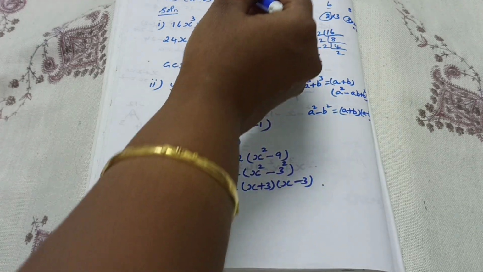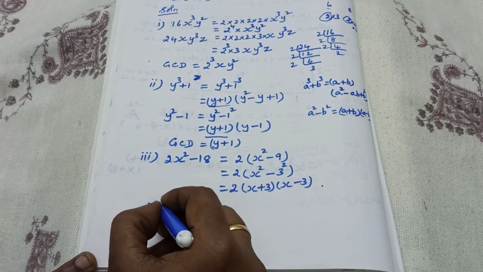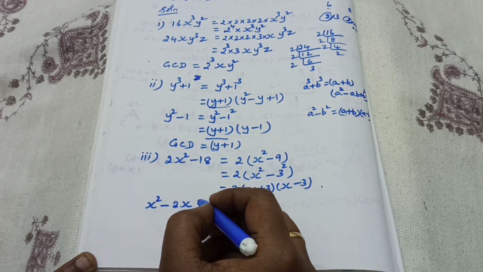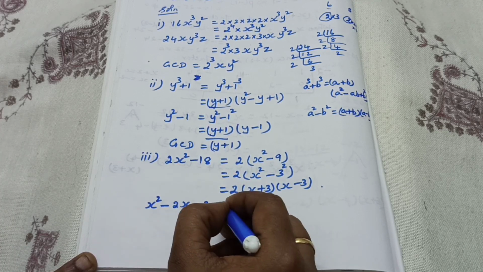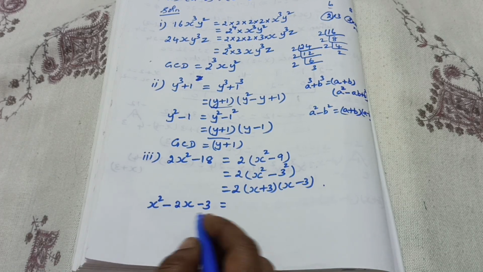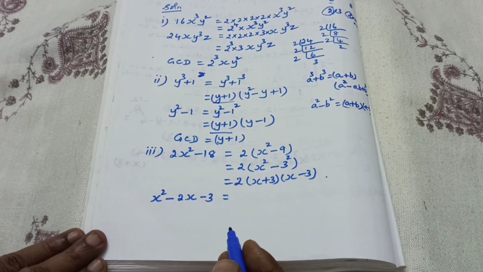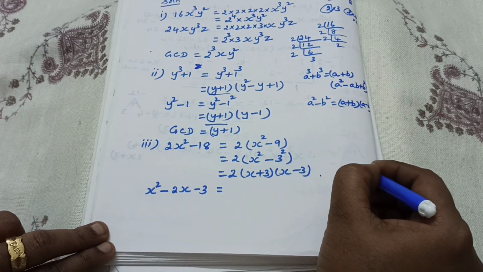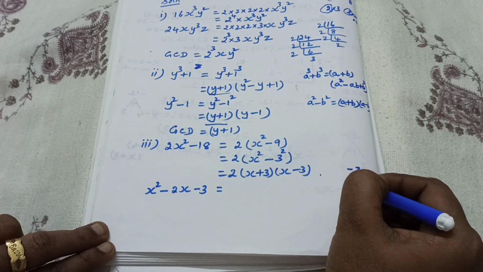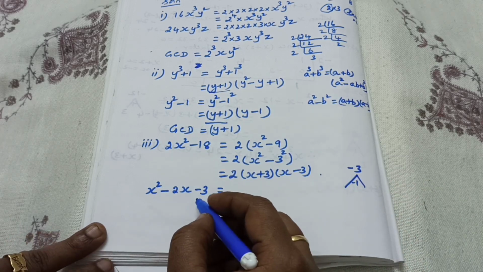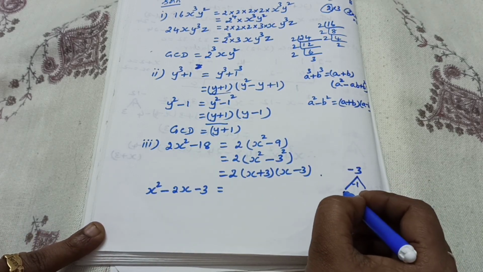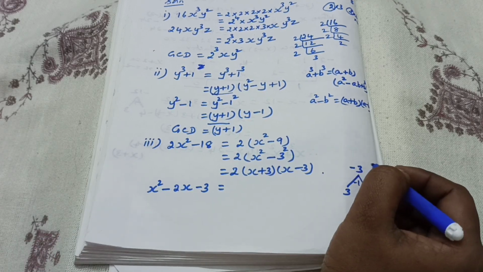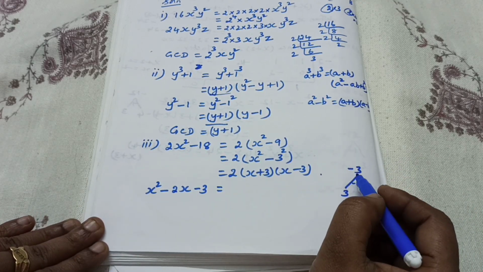Then the second polynomial is x square minus 2x minus 3. With the help of the factorization method, we can find two factors. Factorization method you know, isn't it? Product is minus 3, then sum minus 2. What are the factors you find out? It will be 3 and 1, 3 into 1 is 3 we will get, but we need minus, isn't it?